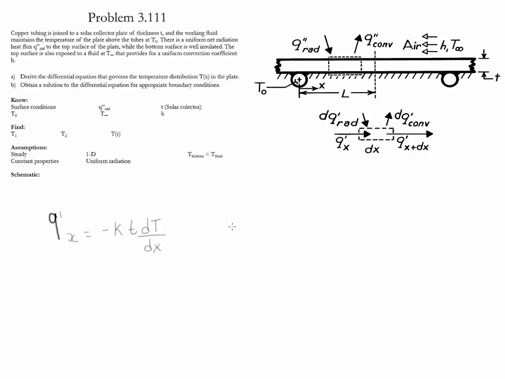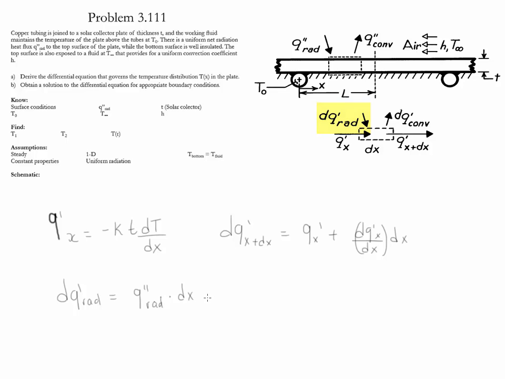The amount of conduction leaving is going to be Q'x plus dx, which is equal to how much entered plus the change that it had in the space dx. We could define the change that we have for radiation as simply the amount of flux that we have for radiation times the value of the length dx.